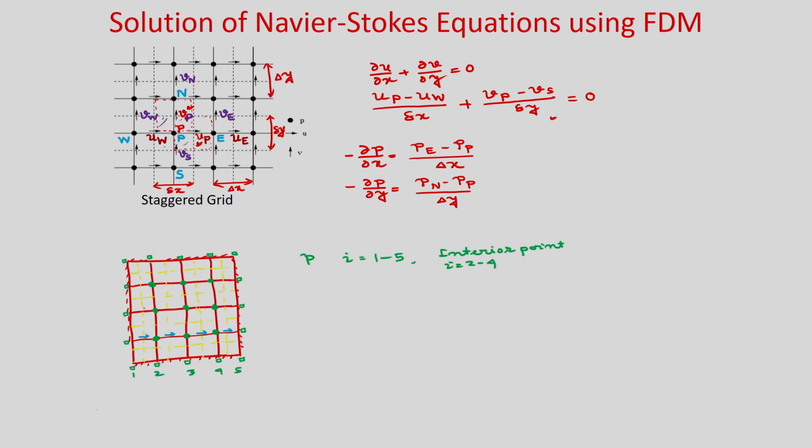At these points you are solving. So, all these are interior points and boundary points. You can see boundary points in the y direction, anyway you have velocities at the boundaries. So, at horizontal faces you have the u velocities. So, this is your u velocity.